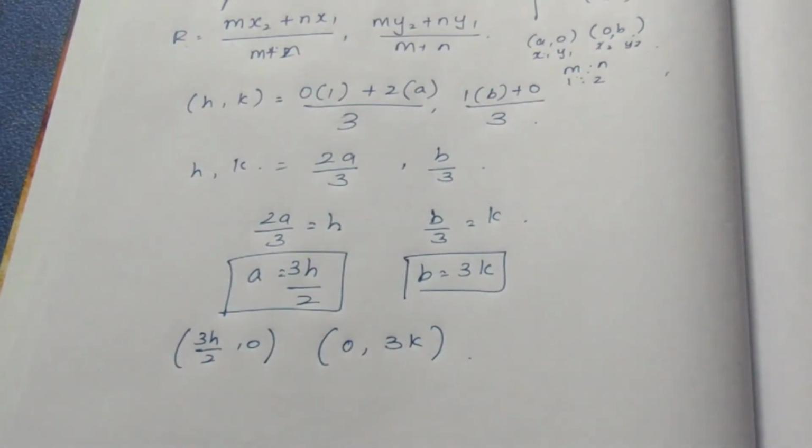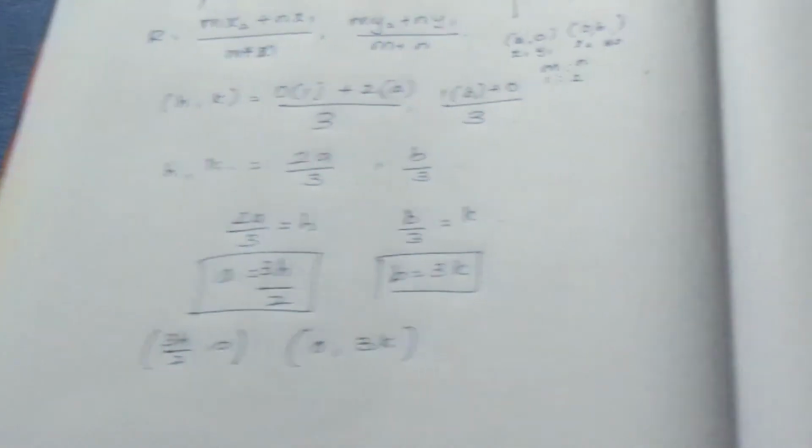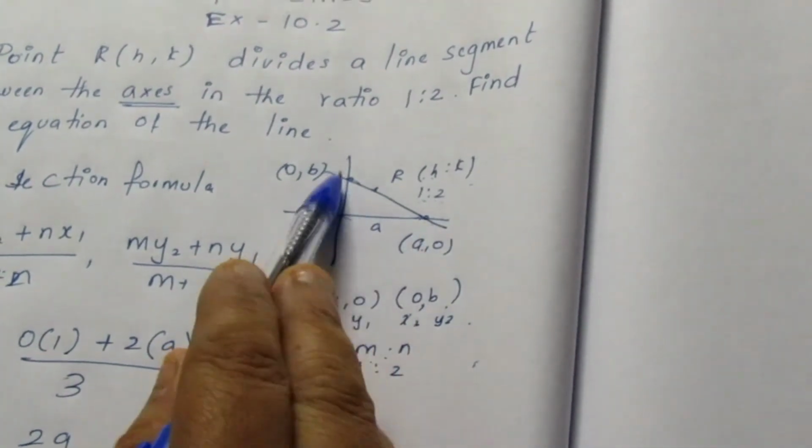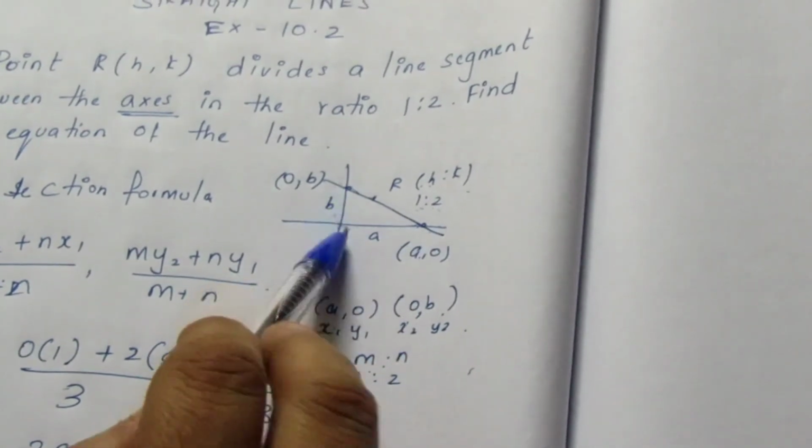For the equation of a line, we know 2 points, so we can directly substitute the values. Or the other way is, we know that A and B are nothing but the intercepts on the x-axis and the y-axis.